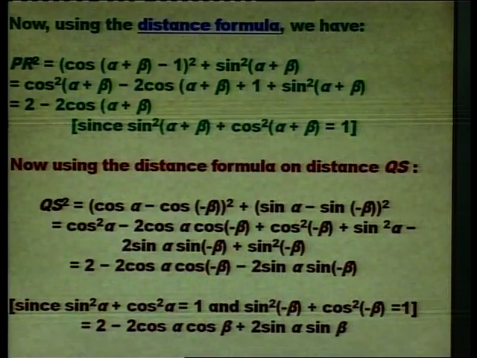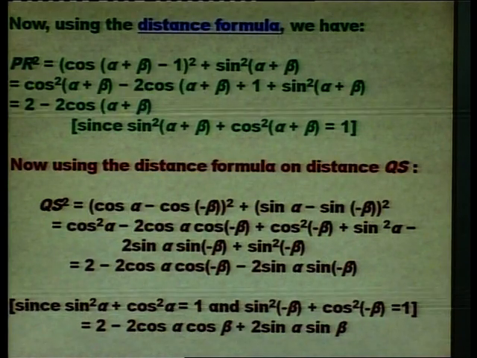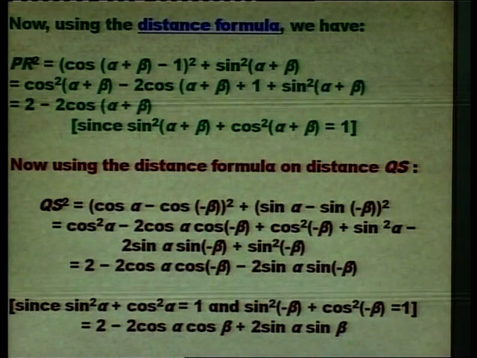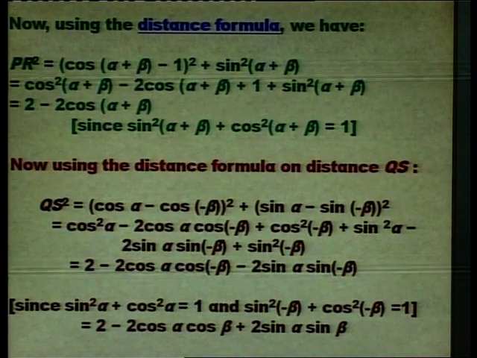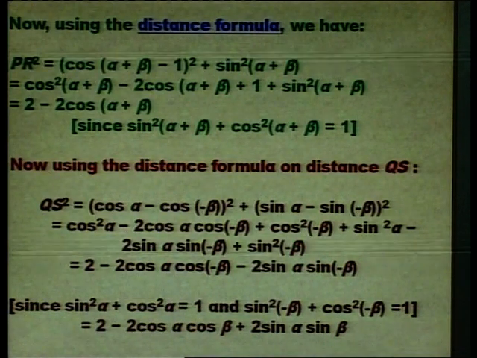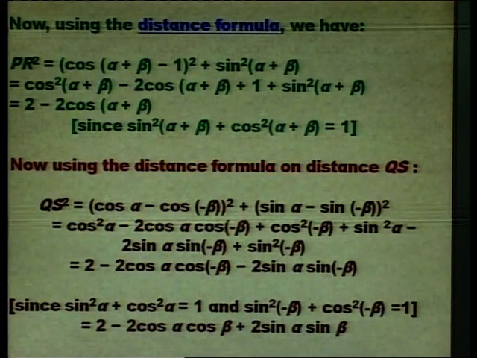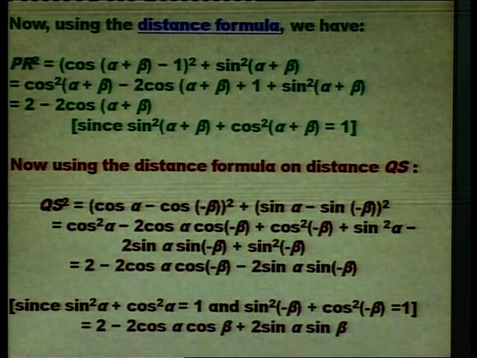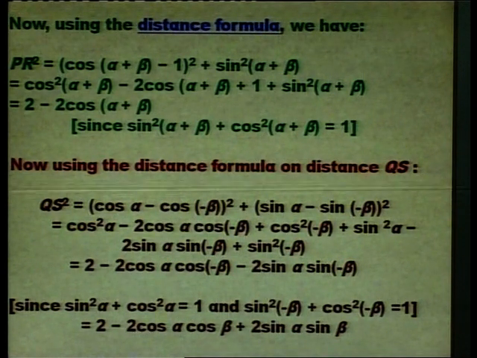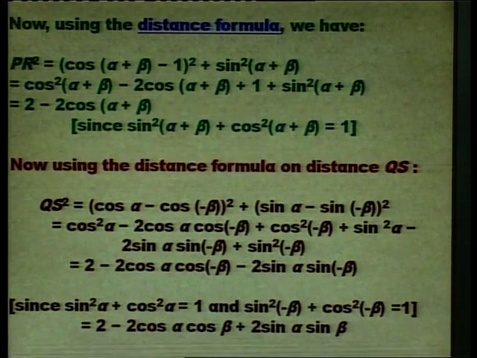Now, using the formula a minus b whole square, this will be cos square of alpha plus beta minus 2 cos of alpha plus beta plus 1 plus sin square of alpha plus beta, and all of you know sin square theta plus cos square theta is equal to 1. So, using this identity we get PR square is equal to 2 minus 2 cos of alpha plus beta.